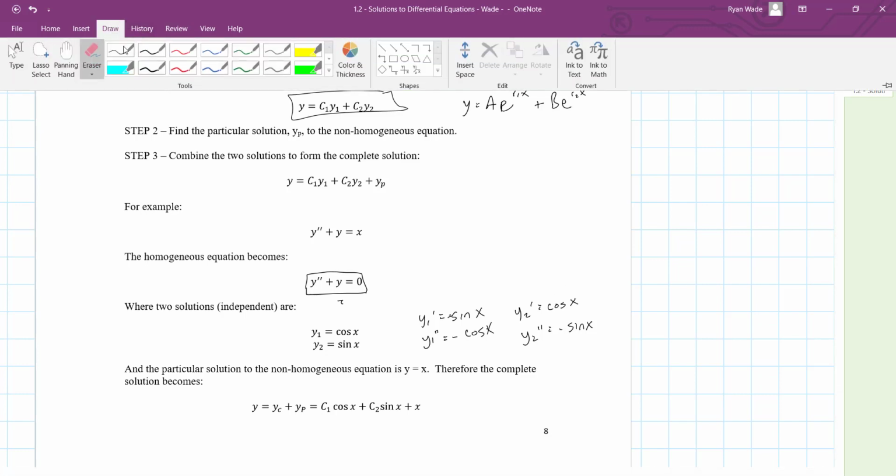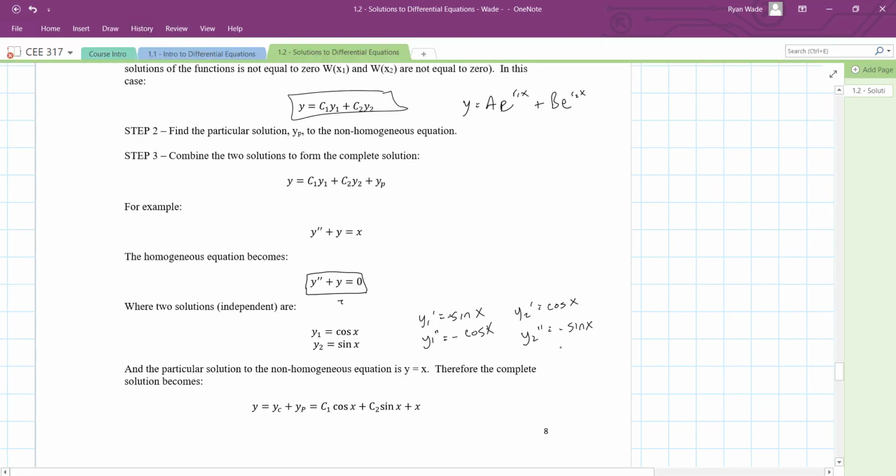We get that y1 double prime is negative cosine x, plus y1, which is cosine x, equals 0. So that's a solution, right? Just 0 equals 0. And then we do the same for y2, and we get y2 double prime is negative sine x, and y2 is sine x, and we're going to get the same thing, right? So 0 equals 0. So that's good.